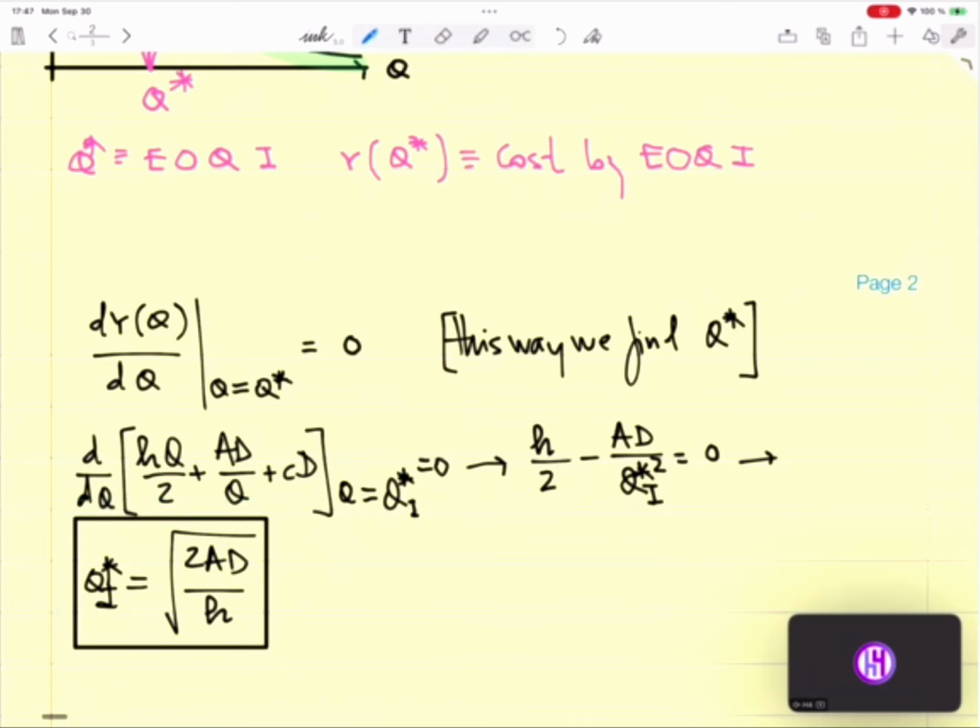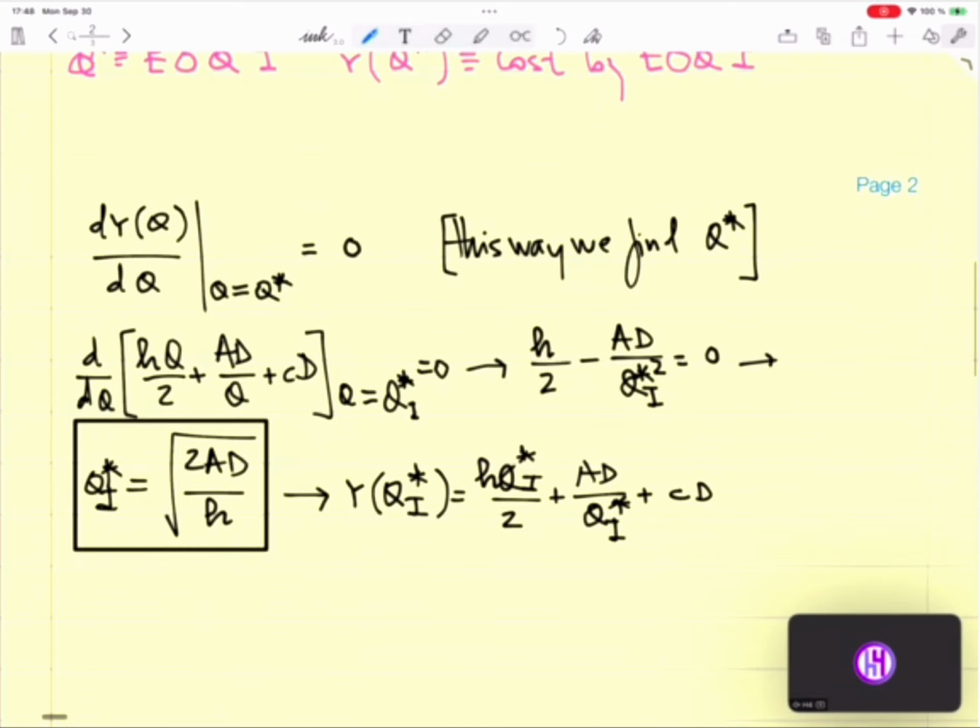If we substitute the value in the function that we just described, then we get H times Q star 1 divided by 2 plus AD divided by Q1 star plus CD.